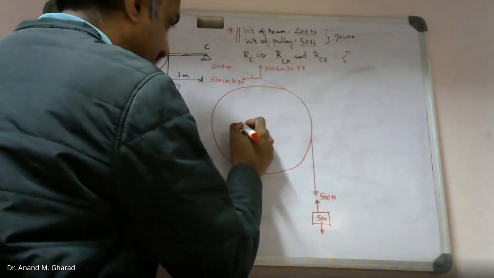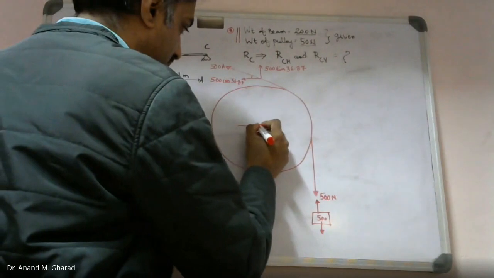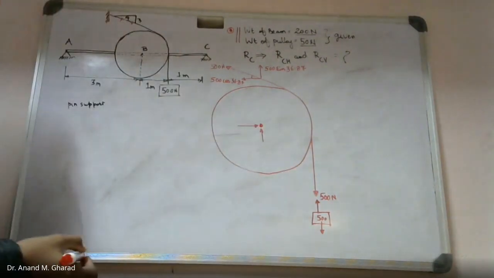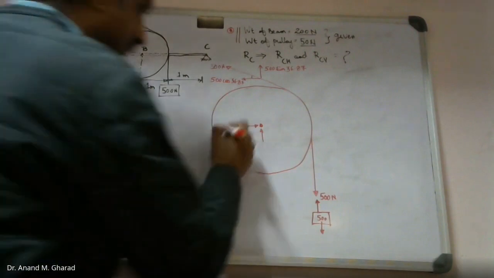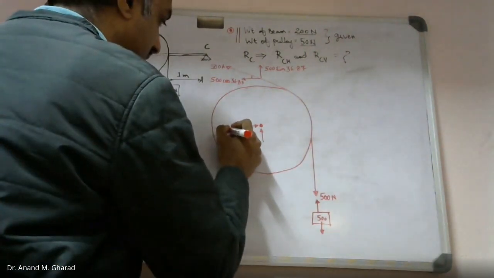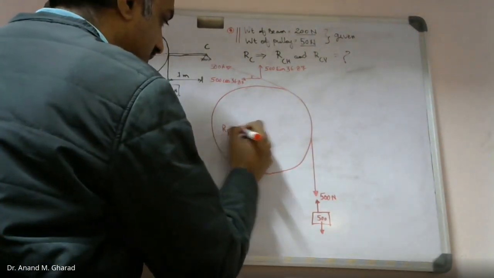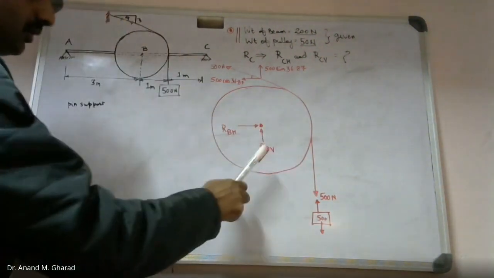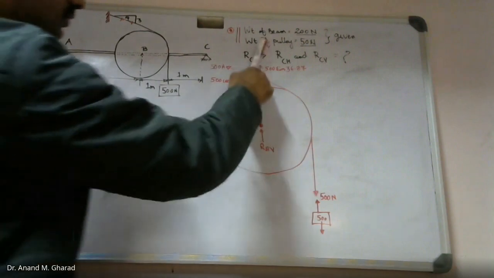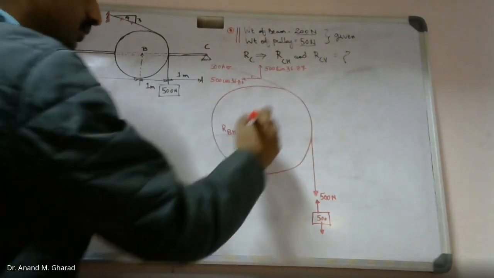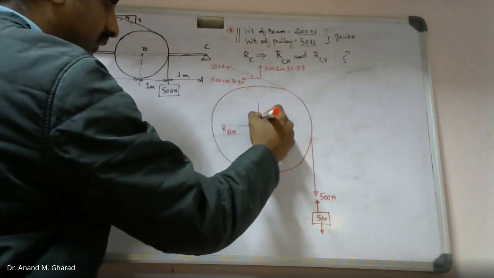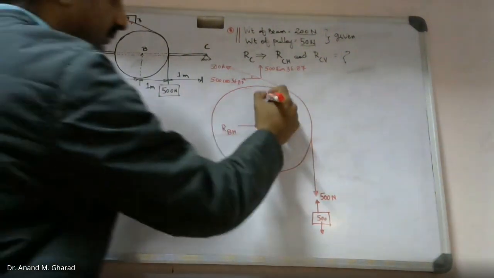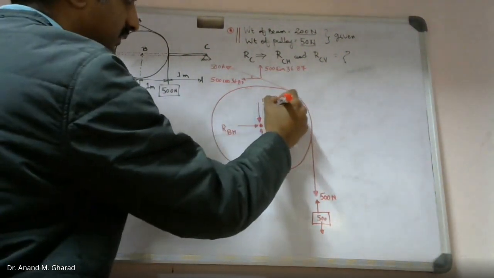Initially we need to assume the reaction forces direction, later on we can modify them. So let me consider this as RBH, and this as RBV. One more information is given with respect to the pulley, that is the self weight of the pulley is 50 Newton. So it will again act like this. Magnitude is 50 Newton.